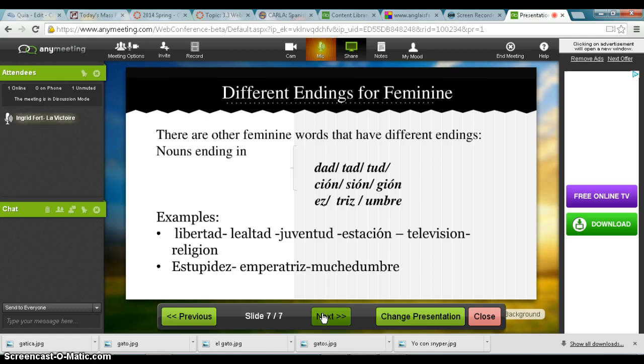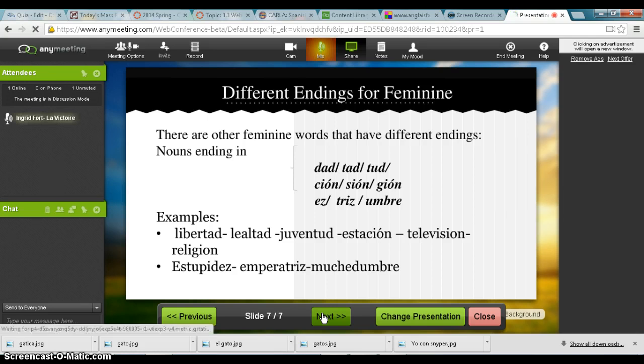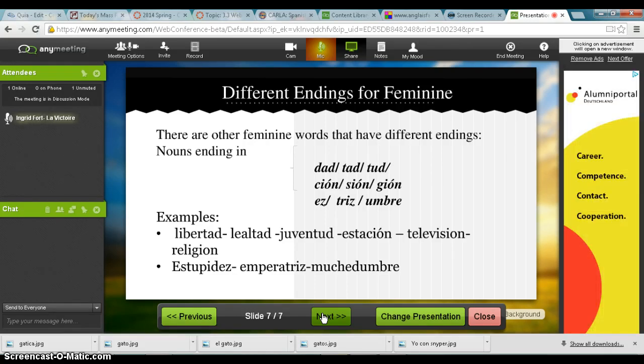There are other feminine words, other than those ending in A, that have different endings. Nouns ending in dad, like ciudad, la ciudad de Nueva York. Tad for libertad. Tud for juventud.